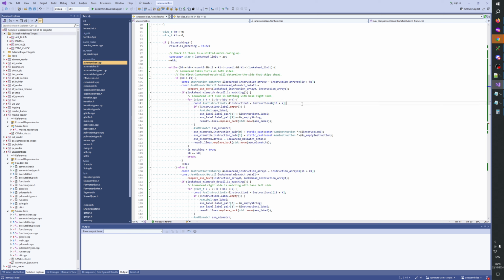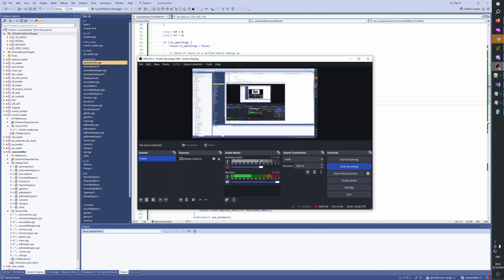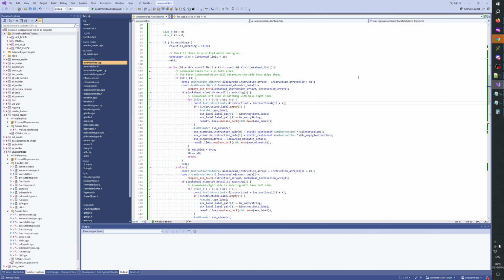Yeah, I hope that describes it sufficiently. Okay, what's the time, by the way? Oh, 2 hours. First look ahead match will determine the side that skips ahead.